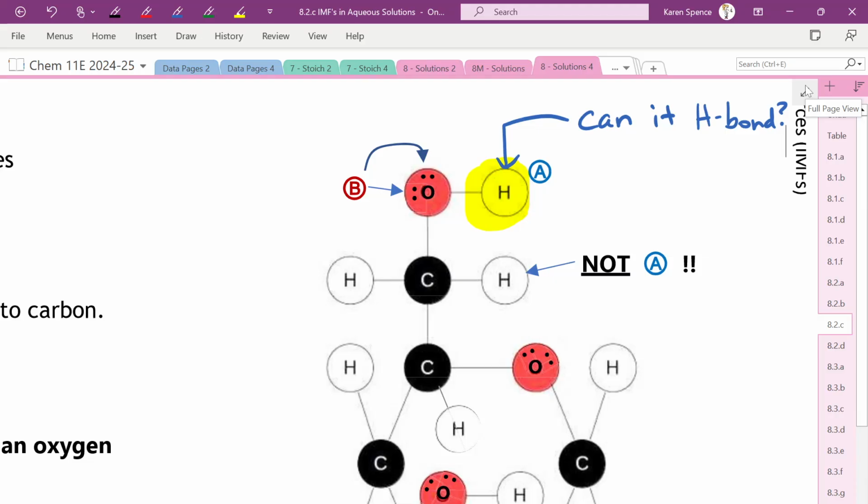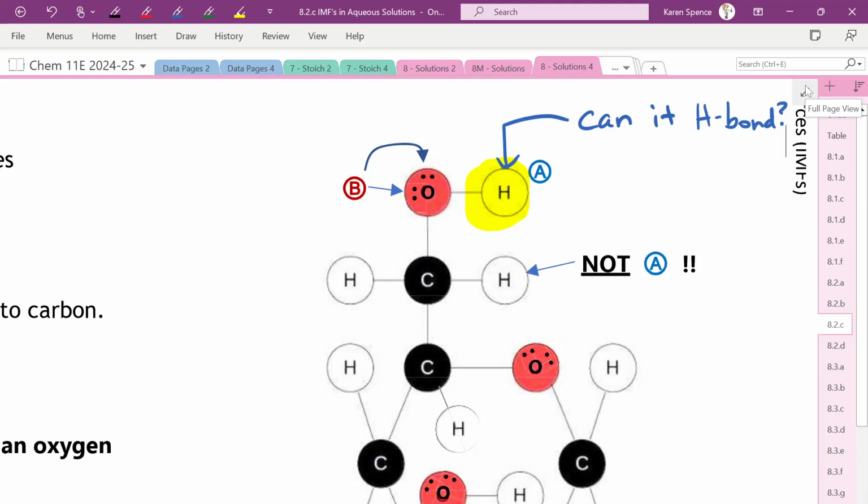I got one nod from someone. I got another nod. Yeah. Yes? Why can it hydrogen bond? Because it's bonded to that oxygen, it is allowed to hydrogen bond.